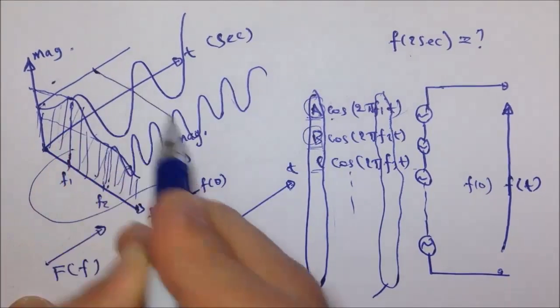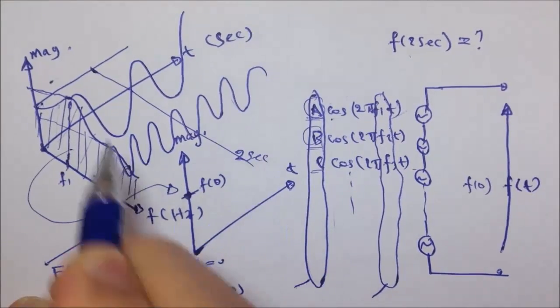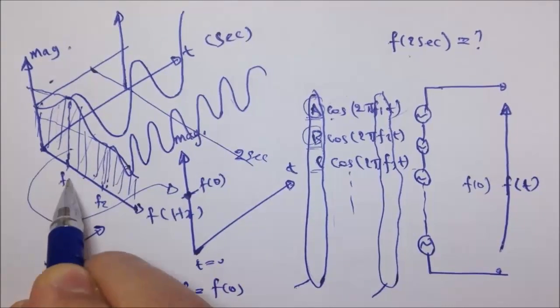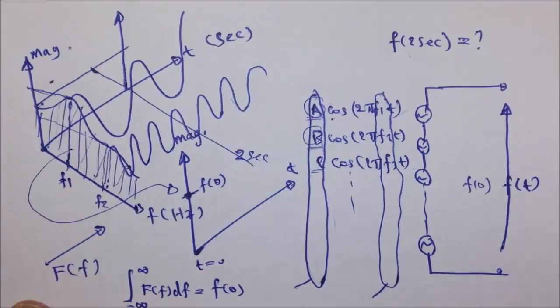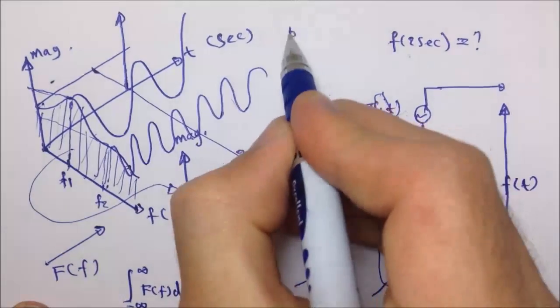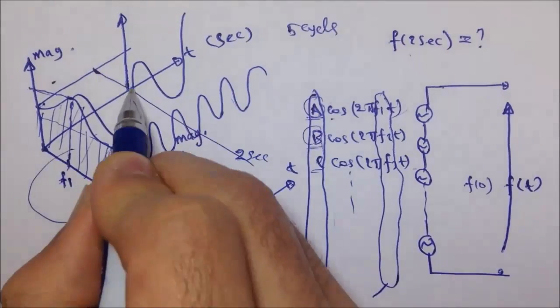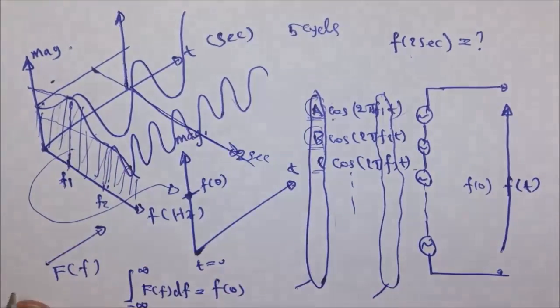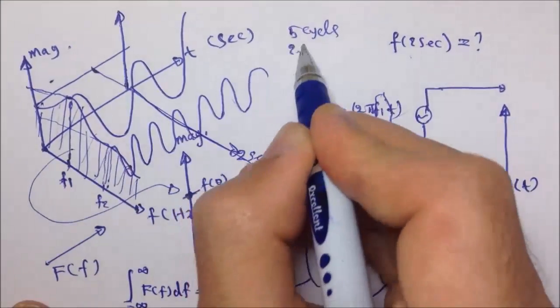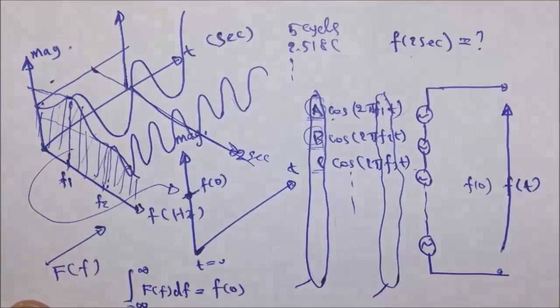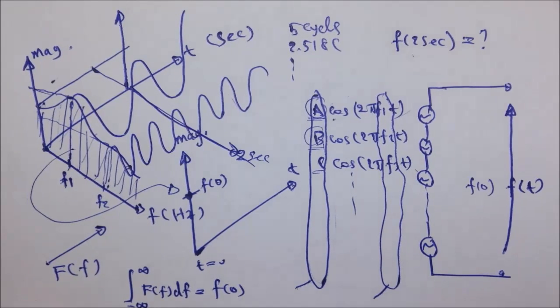Now, when t equals 2 seconds, the f1 Hertz component has done, let's say, 5 cycles after 2 seconds. The f2 Hertz component has done 2.518 cycles, and so on. Each single frequency component has done a different number of cycles. So it became just a mess.